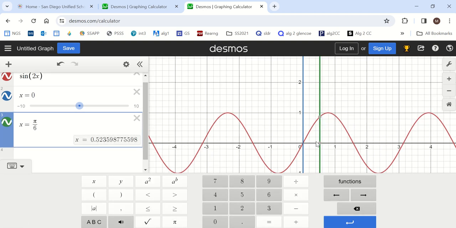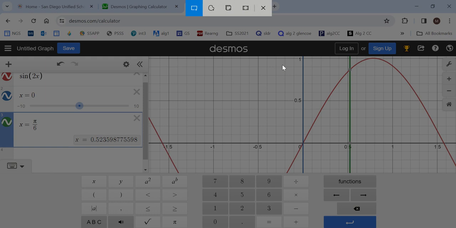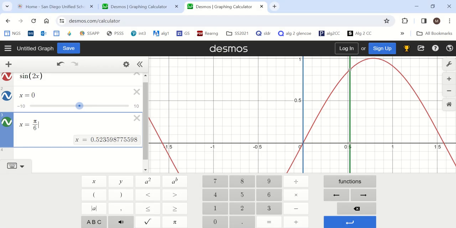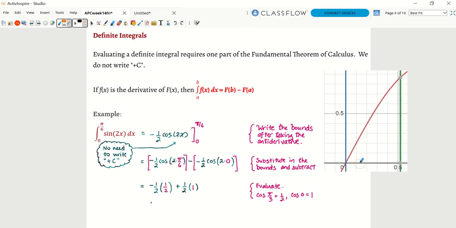It's basically asking for the area bounded by this function and the x-axis right here, okay, by this function and the x-axis. So it's asking for, essentially, right here, boom, boom, it's asking for this orange right here, okay? That's what it's asking for, all right?